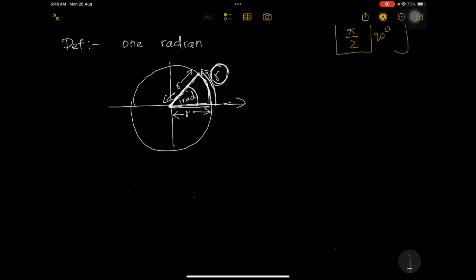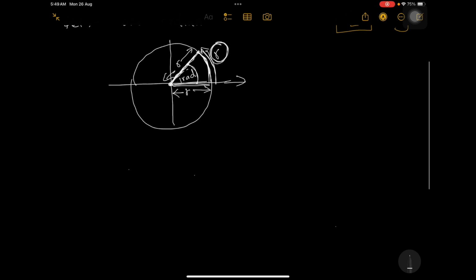The radian unit notation is written as small rad, or as a small c on the top, like this.